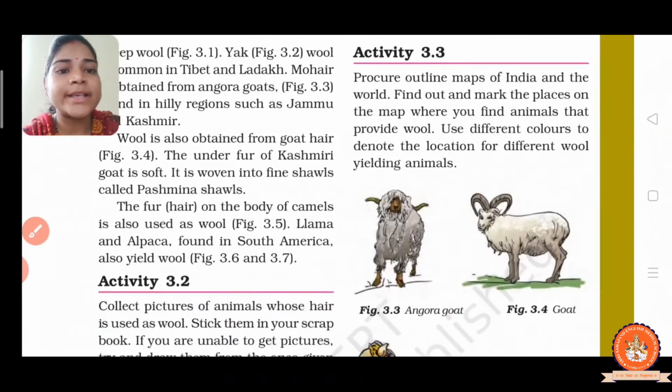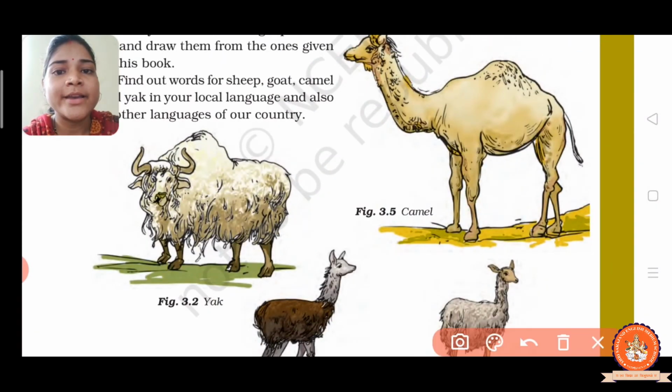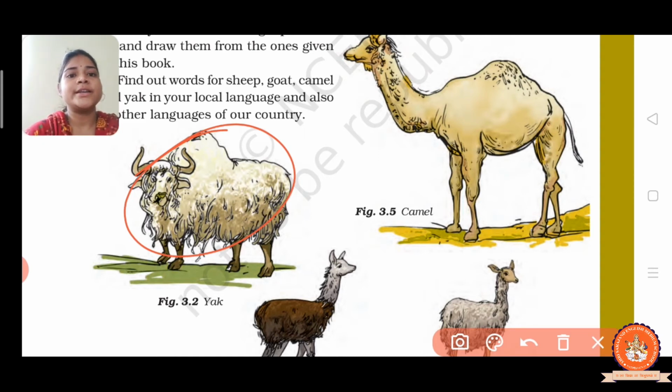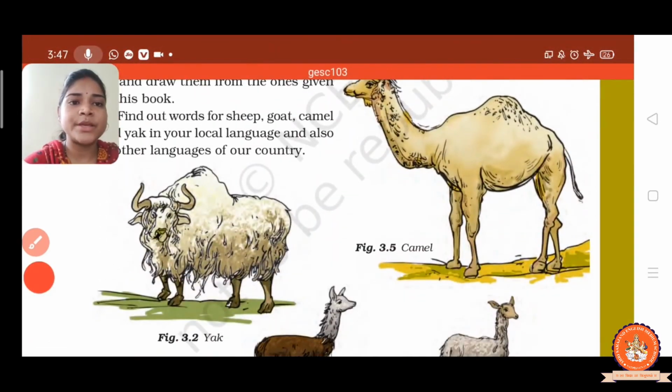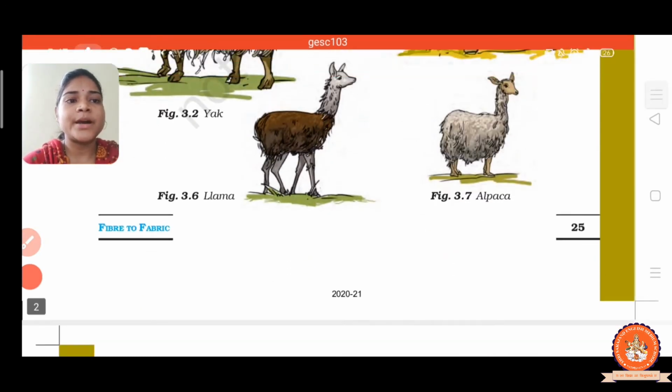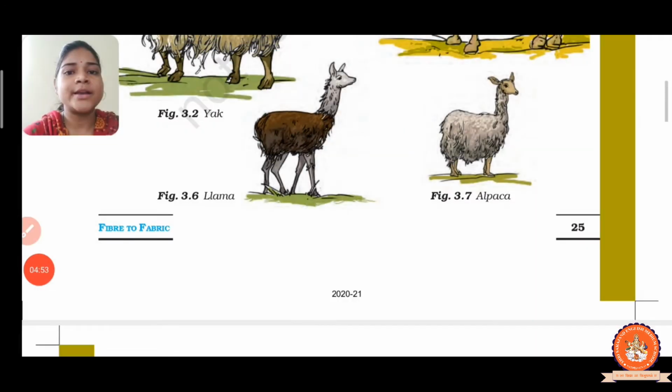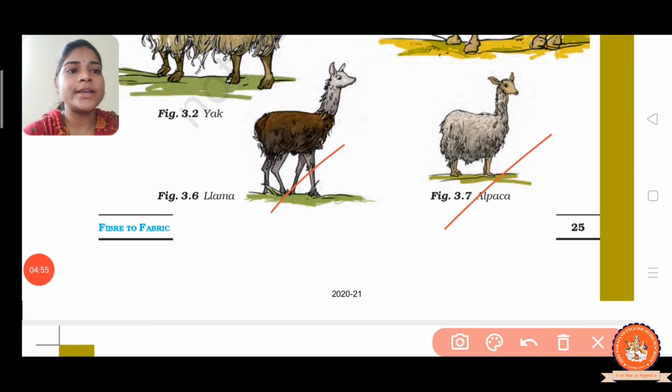Next we have the yak. You can see that on its body there is a thick coat of hair which is used to get wool, right? Similarly, the Angora goat, Himalayan or Kashmiri goat, llama and alpaca. From these we get wool.